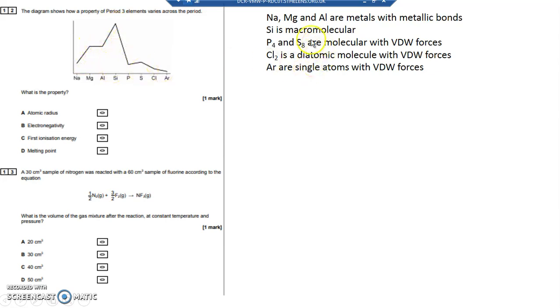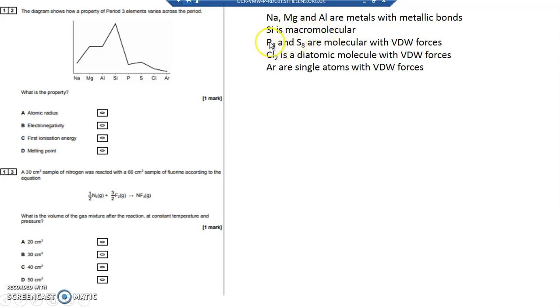Silicon's macromolecular, so it's a large covalent structure, and that's very strong, with lots of covalent bonds in a very large molecular structure. P4 and S8 are molecular. S8 has got more atoms, so more electrons, so more van der Waals forces. That's why it goes up slightly, but they've come down, so they're single molecules rather than very large molecular structures.